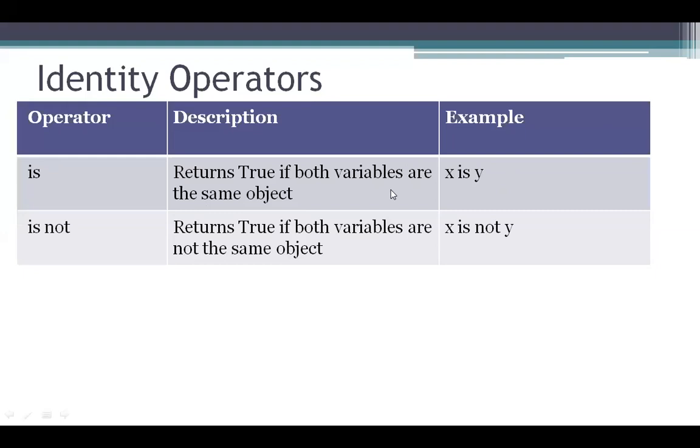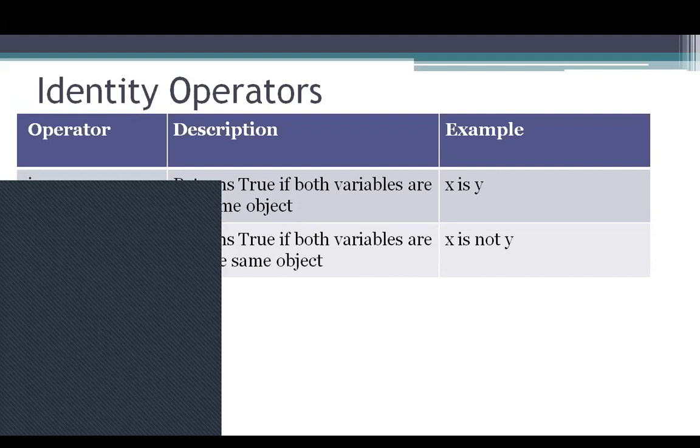I'll show an example so you'll understand it in detail. And is not returns true if both variables are not the same object, the complement of it. If we see the example for it, you'll understand in detail.